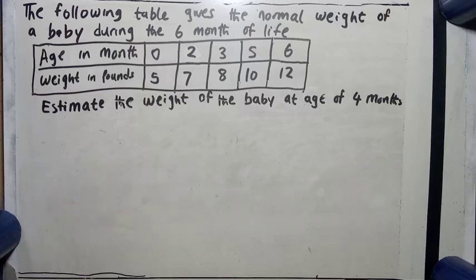When the baby was 5 months old, the weight was 10 pounds. And when the baby was 6 months old, the weight was now 12 pounds. Now they're asking us to estimate the weight of the baby at the age of 4 months.